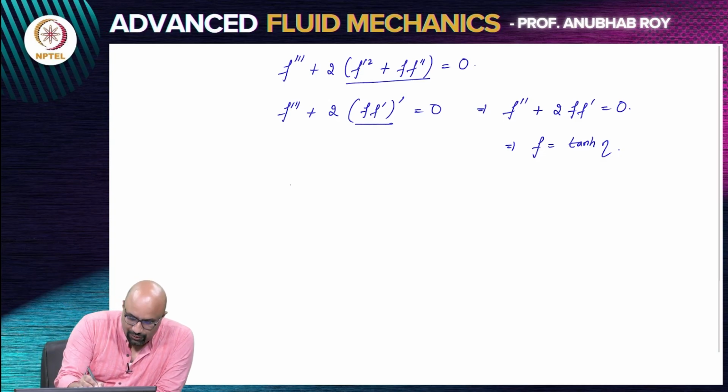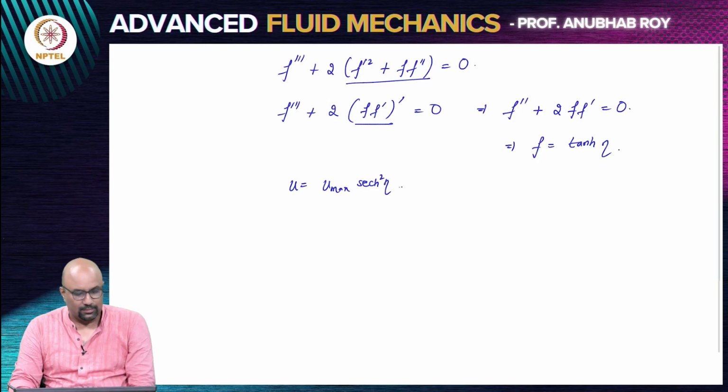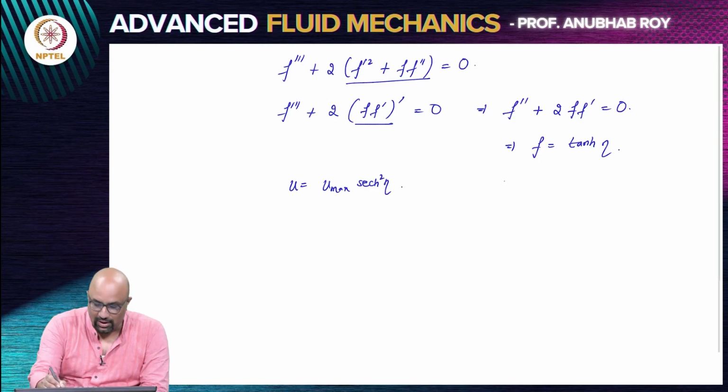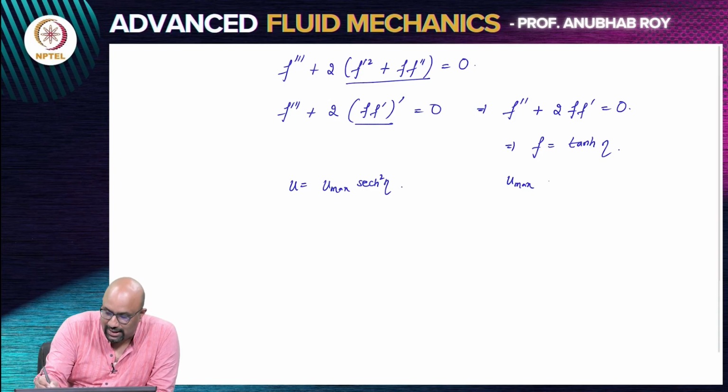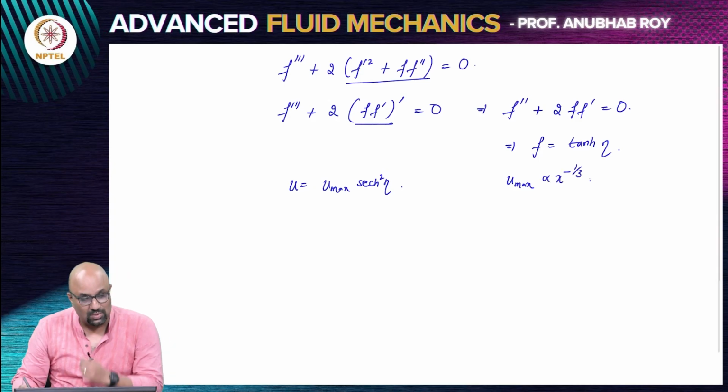So, now if you compute from this your u, I will again directly write down what your u is, where u max is the centerline velocity, this goes as x to the power minus 1/3.